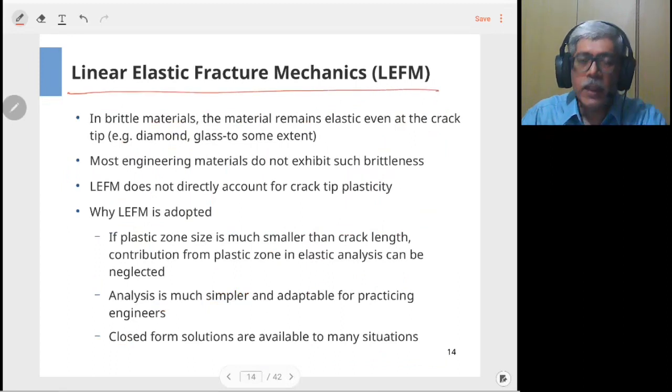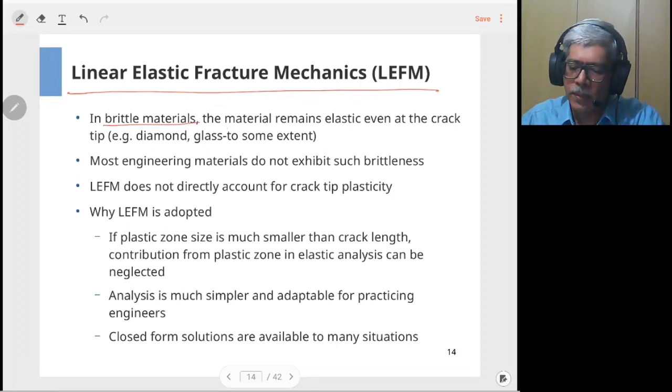The features of linear elastic fracture mechanics are as below. First, for brittle materials this approach is very natural, as the material remains elastic even at the crack tip. So for very brittle materials such as diamond or glass, this is a perfect approach, exactly matching the material behavior.